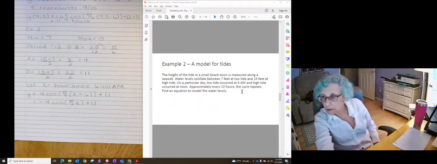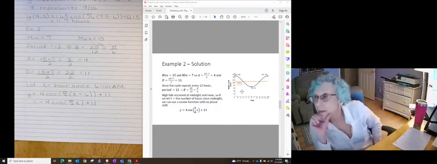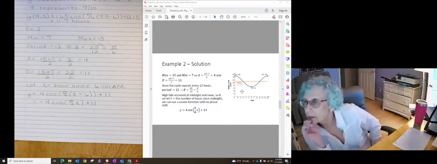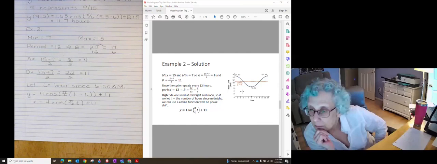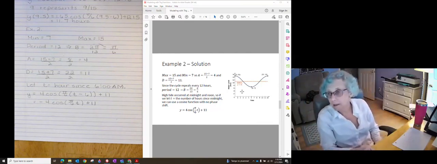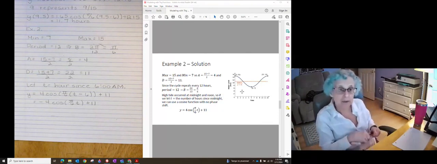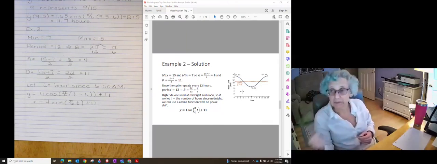Low tide occurred at 6 a.m. High tide occurred at noon. Let's see. Okay, they have the hour since midnight. Okay, so we have actually the exact same graph, except I'm using T as hours since 6 a.m. and the book used hours since midnight.